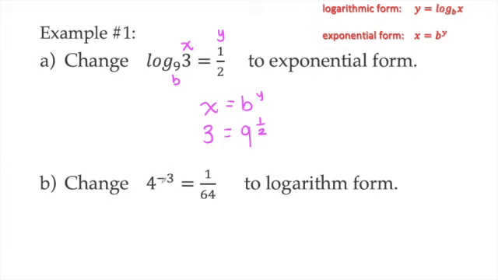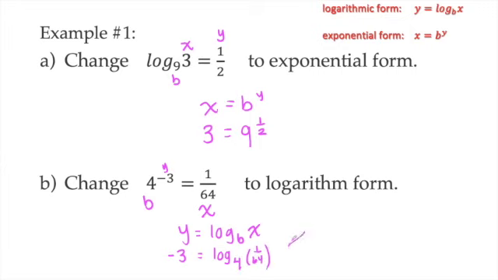Now change 4 to the negative 3 equals 1 over 64 to logarithm form. This is your example here. This would be x, your b, and then this is your y. So the form you're going to is y equals log base b of x, because you're going to logarithm form. So that is going to be negative 3 is equal to log base 4 of 1 over 64.